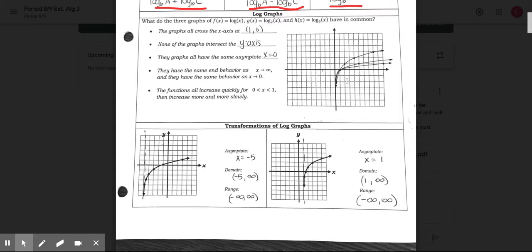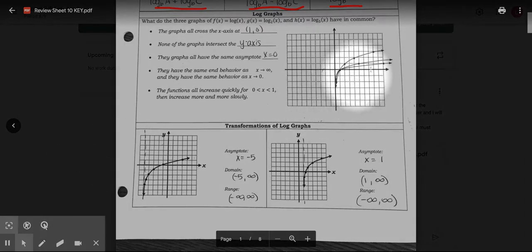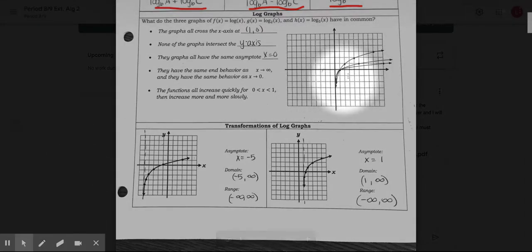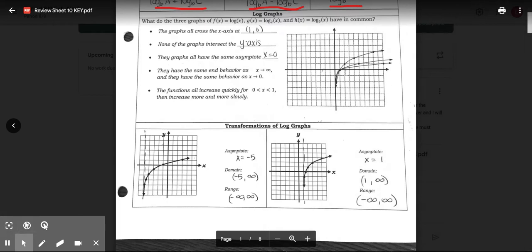So if there's any shift left and right, that's going to change the asymptote, which is also going to change the x-intercept. There is no y-intercept in these particular graphs, and that's because the asymptote is the y-axis.